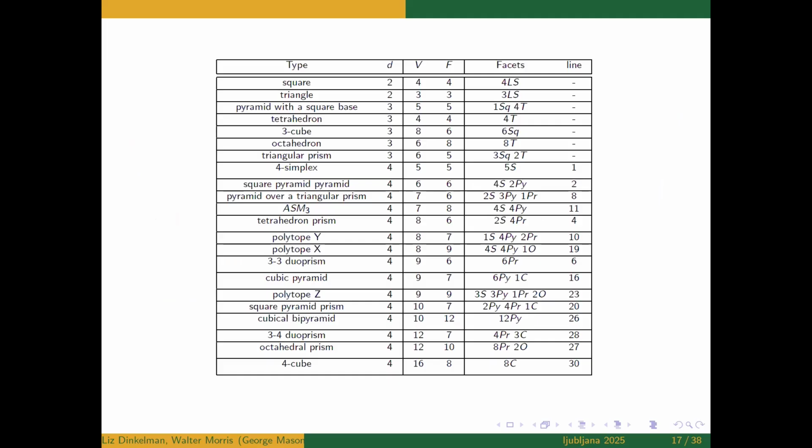Now, this table gives all the faces of dimension 2, 3, and 4 found in ASM polytopes. I've used Pfaffenholz's notation, and in this last column, I've listed the lines which correspond to the lines from his paper. So let's take Polytope Z, for example.